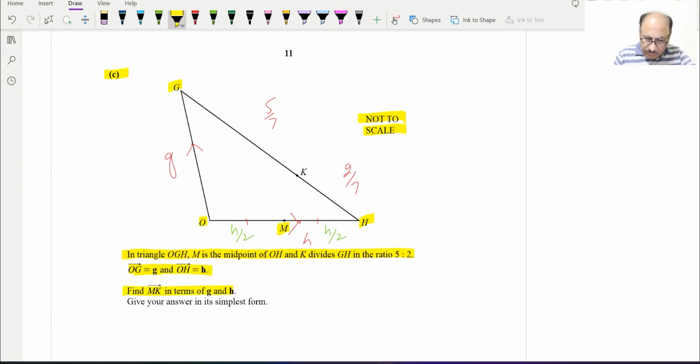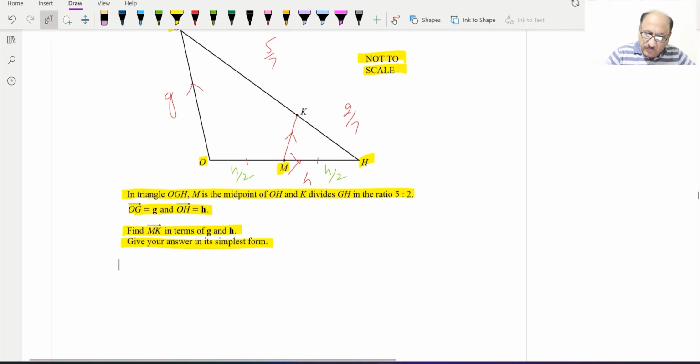Find MK in terms of g and h. Now MK, we can join M with K, and this will be the direction. Give your answer in its simplest form. So what we will be doing, we can first find GH.